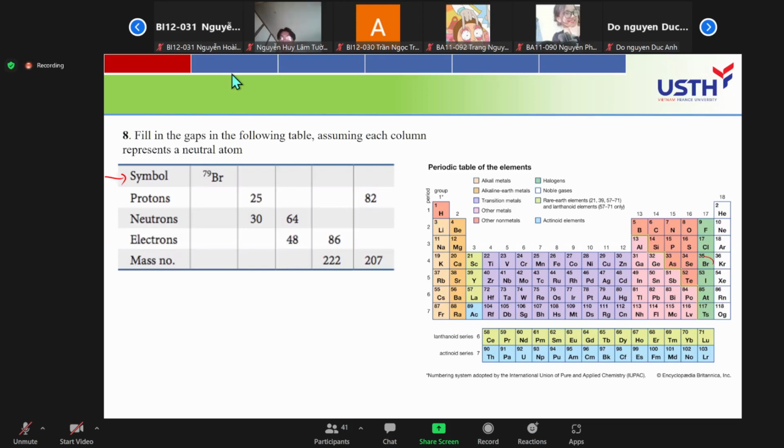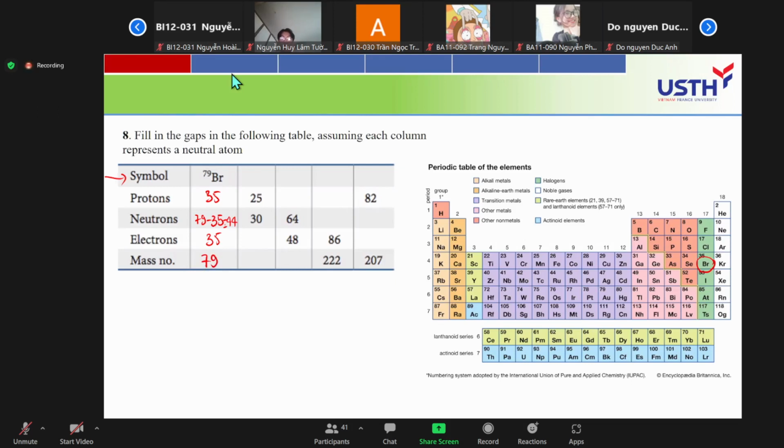You see the bromine. From bromine you have the number of protons is 35. The number of electrons will be 35 too. The number of neutrons will be 79 minus 35, and you will get 44 neutrons. And the mass will be 79.